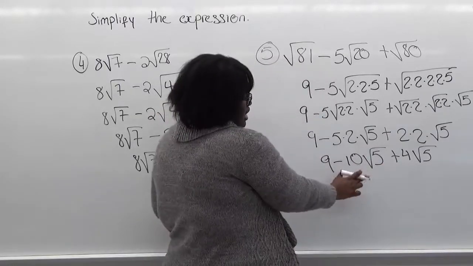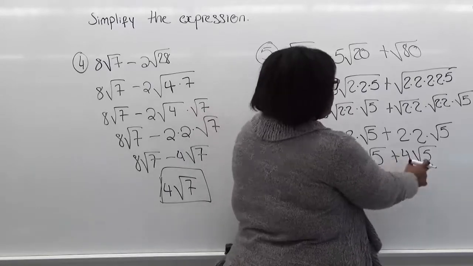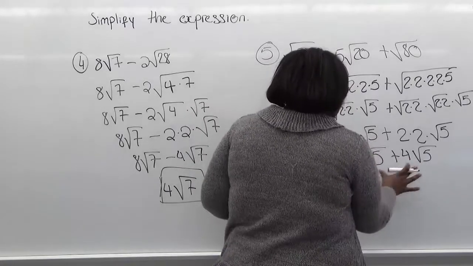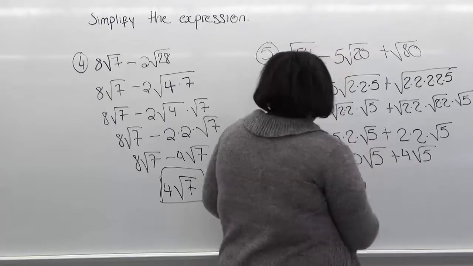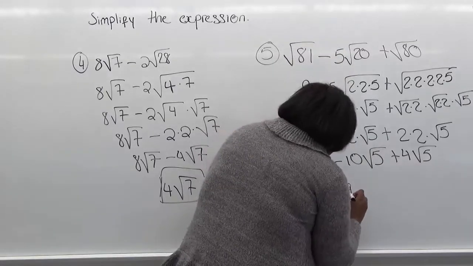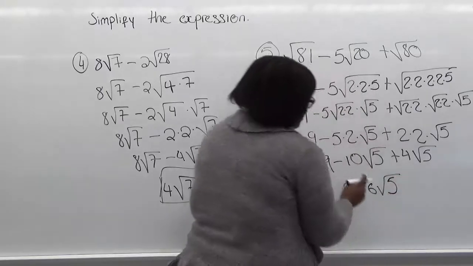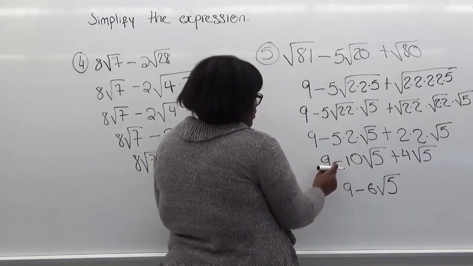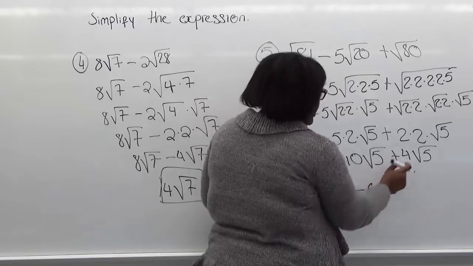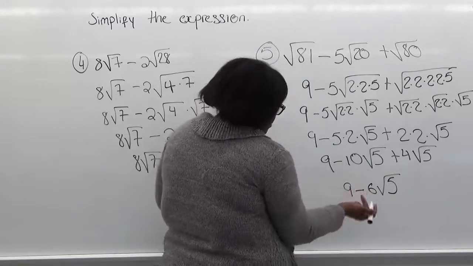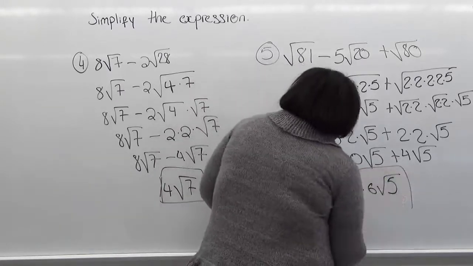As you can see, this has the square root of 5, this is square root of 5, so we can combine these terms. So our final answer is going to be 9 minus 6 times the square root of 5, because you have negative 10 plus 4, which will give us minus 6. And that will be our final answer.